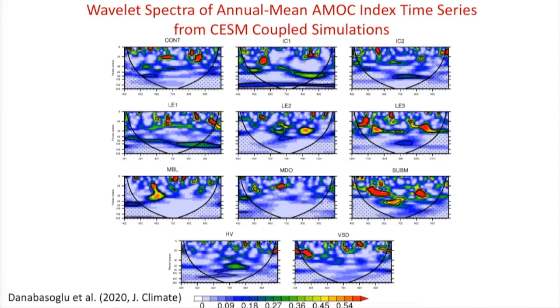So the bottom line is that there's substantial variability in AMOC in time, and it is very misleading to conclude based on a 600-year simulation that the dominant variability is this in one model and something else in another. If you run the models longer, things can change quite a bit.